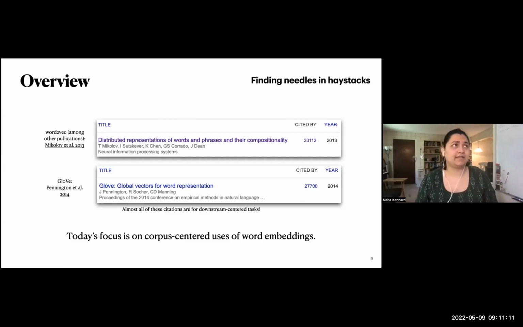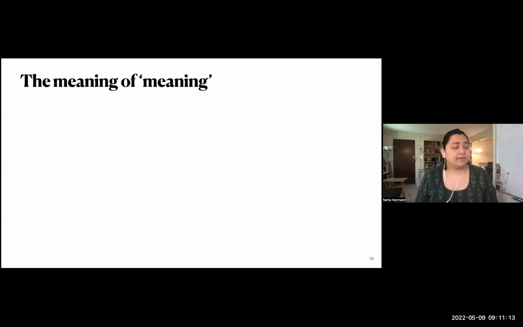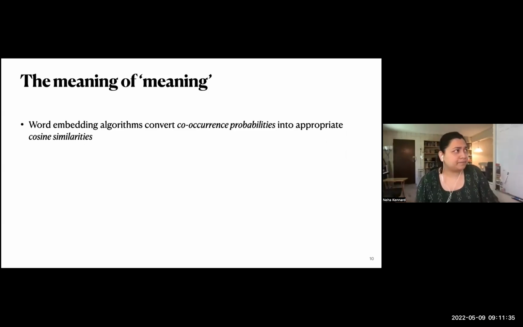Before we get started, I want to make sure we're being very realistic about the connection between the training objective of word embeddings and models' stated capabilities, because machine learning is extremely susceptible to making magical promises and not connecting that to what's actually happening. So let's talk about what we exactly mean by meaning.